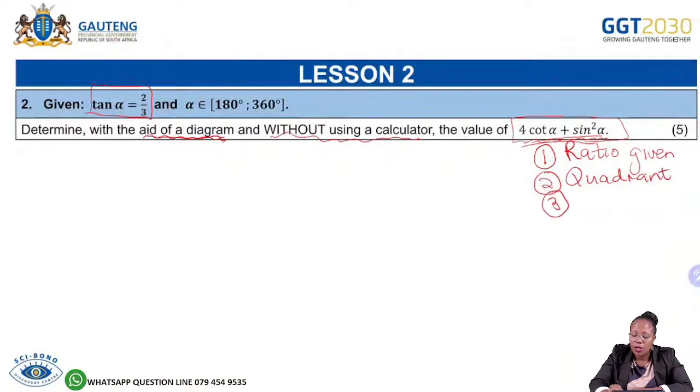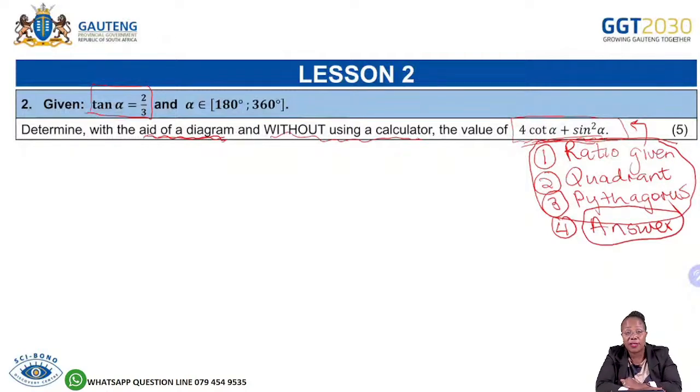Number 3, you calculate the unknown using Pythagoras theorem. After going this route, it's only then that you can now answer your question. You cannot answer the question before you go through all the above 3 steps.